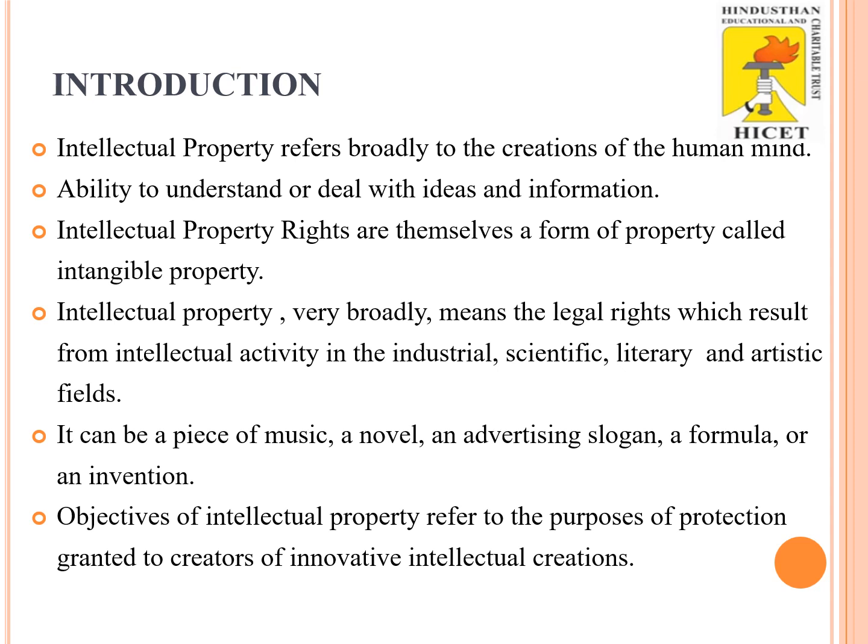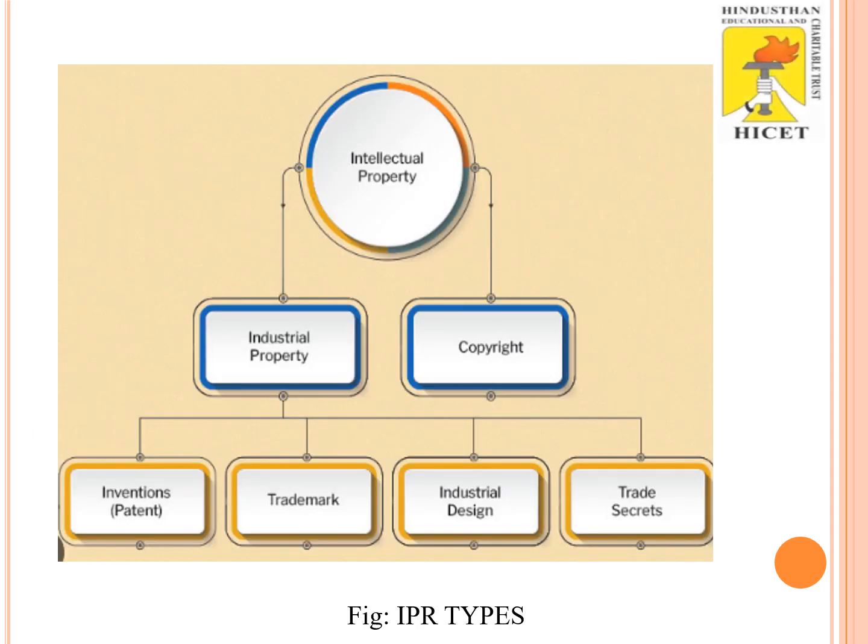It can be a piece of music, a novel, an advertising slogan, a formula or an invention. The main objectives of intellectual property refer to the purposes of protection, which is granted to creators of innovative intellectual creations. Let's see the types of intellectual property rights.